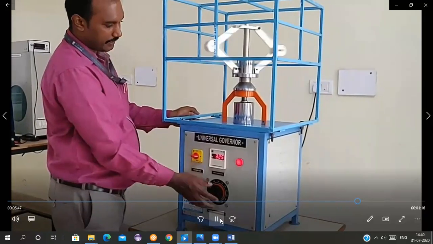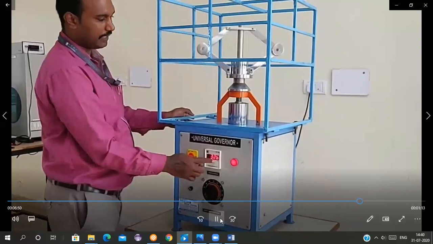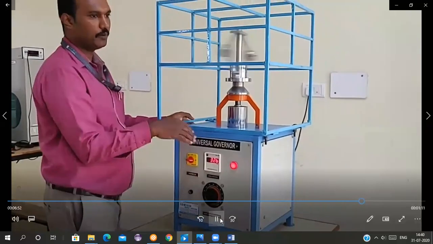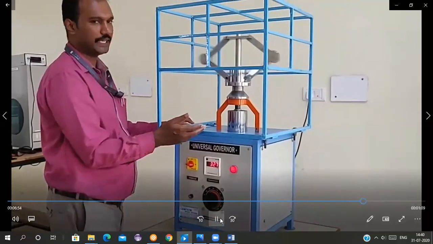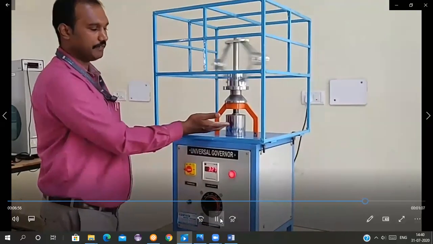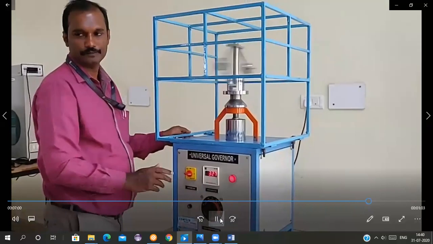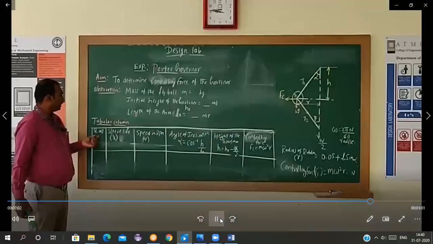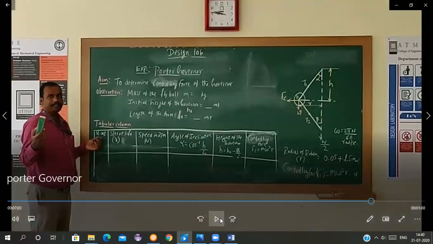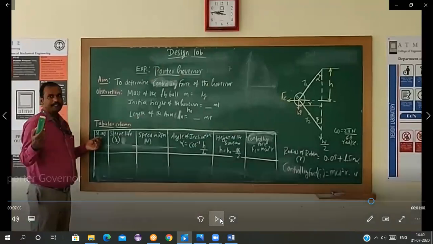So we can take different values of the RPM for different sleeve lifts. These two values only we have to note while doing the experiment. From that, we can calculate the value of the radius of rotation by using these formulas of geometry.